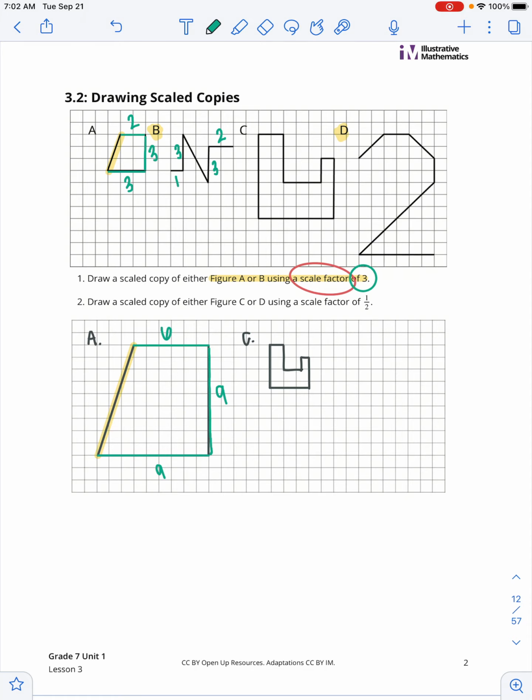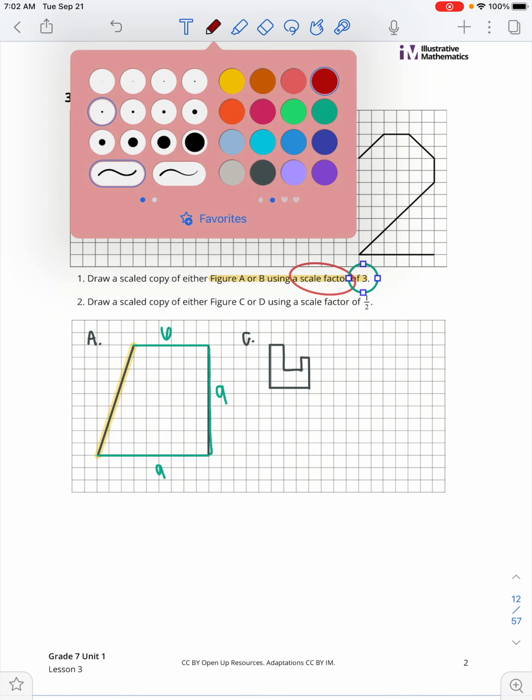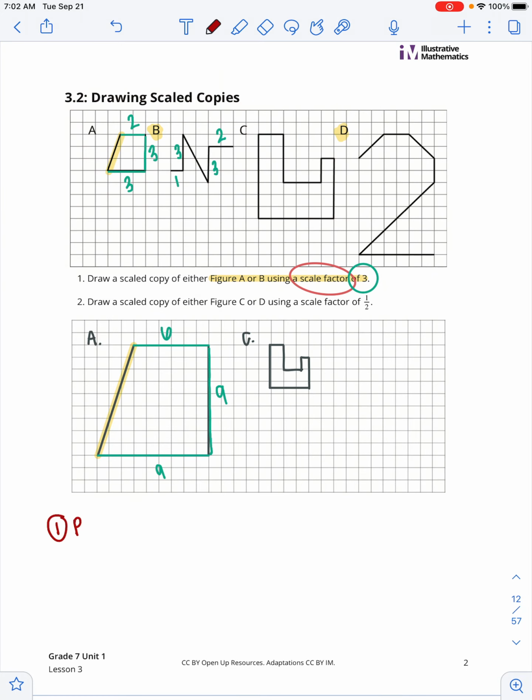So in the blank space, you do not need to draw A. Go ahead and pause this video and draw your scale copy of B. So if you've unpaused the video at this point, that means you drew your scale copy of B. Make sure that you've drawn your scale copy of B before you move on.